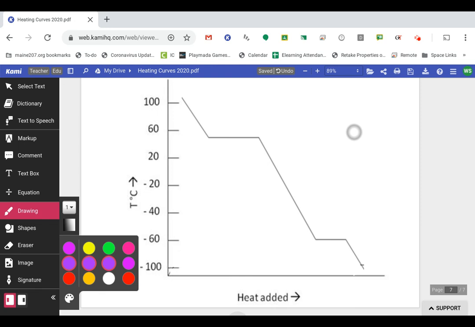Now, if we go heat removed, the same thing happens. We go starting at high temperature, so we start with a gas, then we have a gas becoming a liquid, then only liquid, liquid becoming solid, and then solid only. I've literally just flipped the curve around.